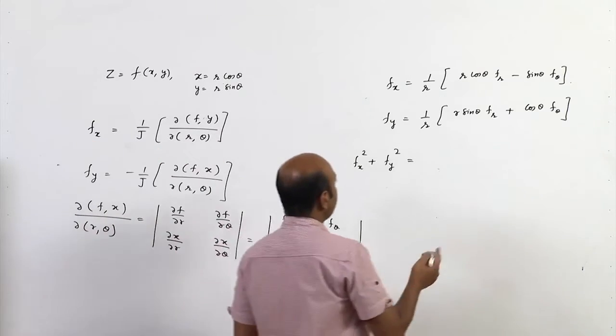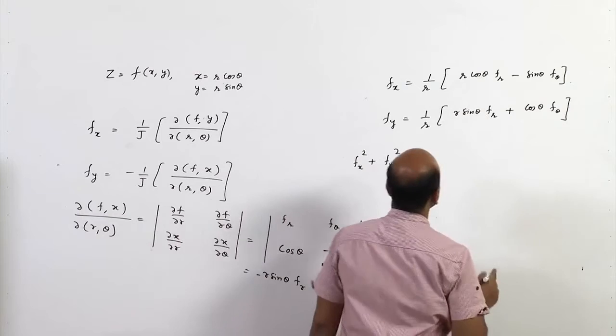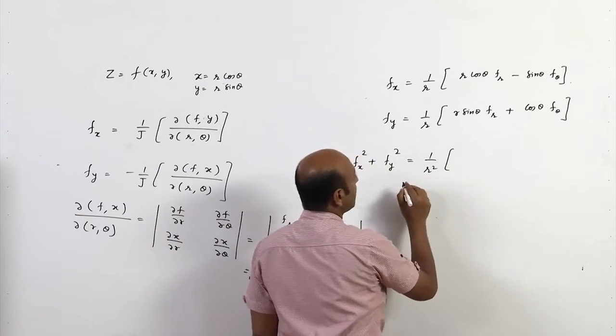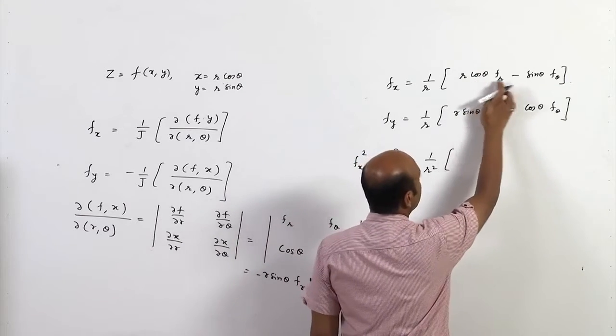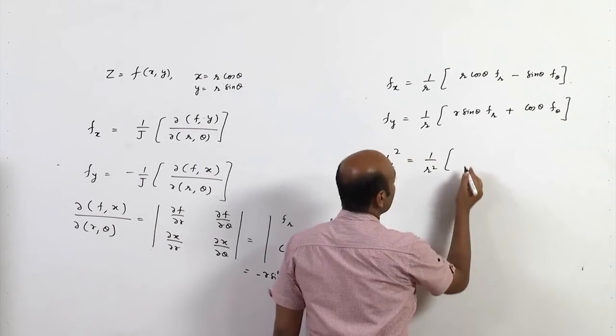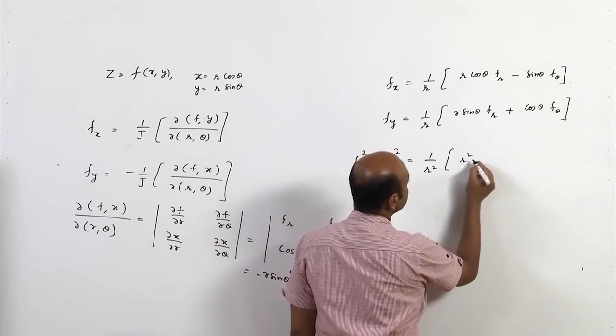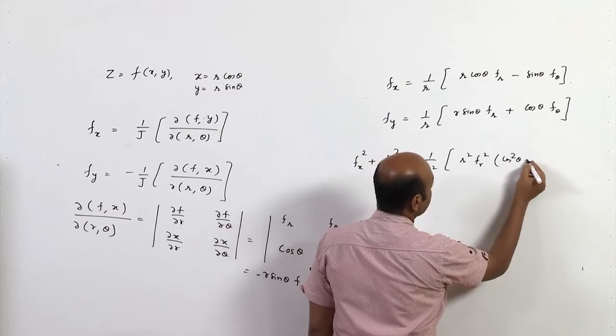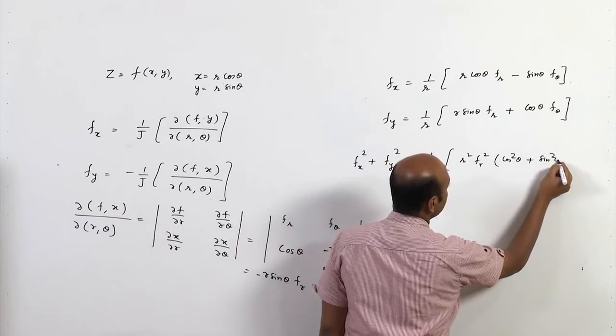So, square and add both the equations. When we square and add, we get 1 by r square times, it is a square, a minus b whole square, it is a plus b whole square. So, it will be r square times Fr square will be common, it is cos square theta plus sin square theta from this side.